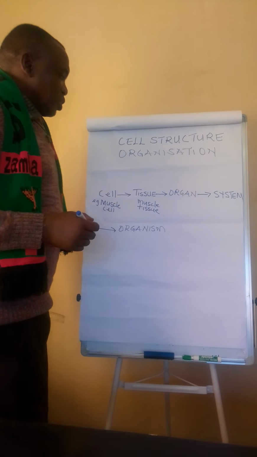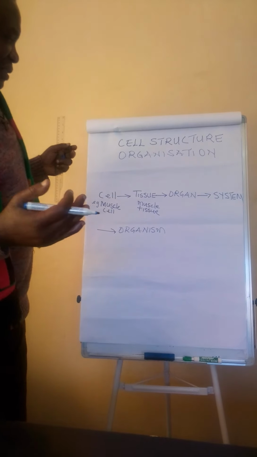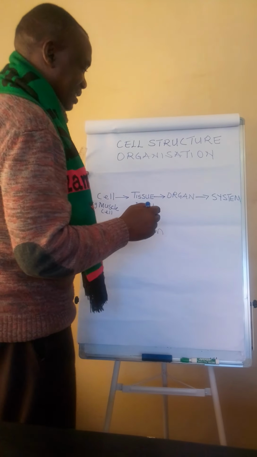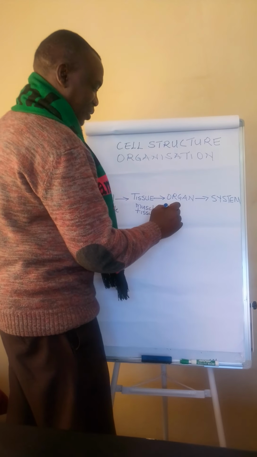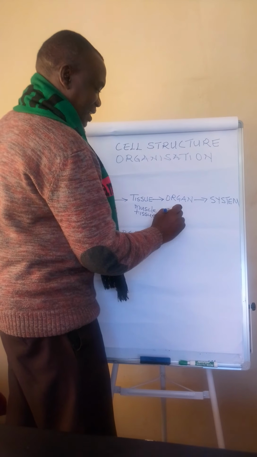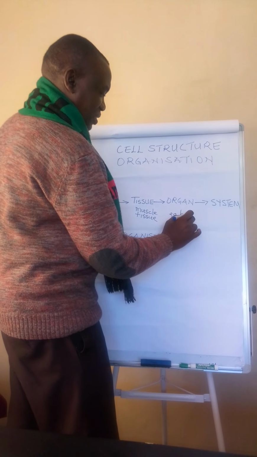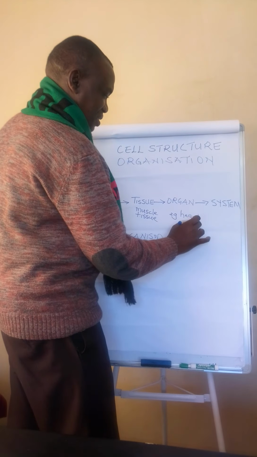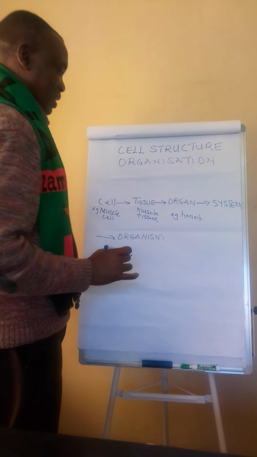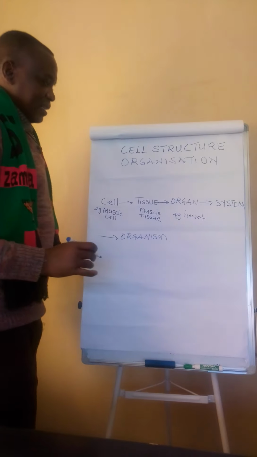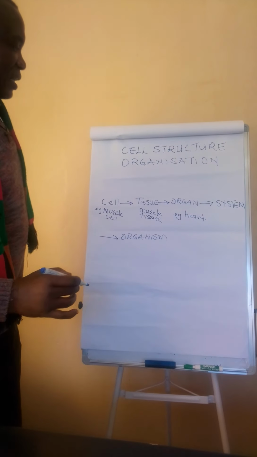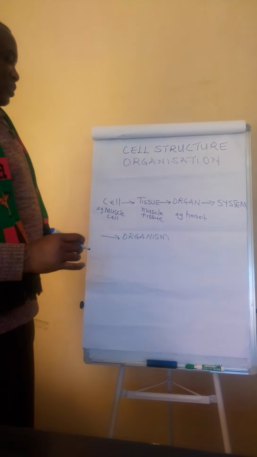And then the organ, for example, in this particular case, the organ we have here, e.g., is the heart, which is the cardiac muscle. Okay, the heart, e.g., heart is an organ, and it's cardiac muscle.